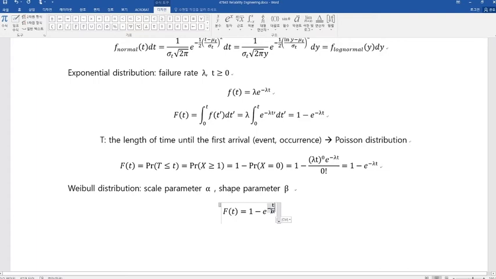Alpha is called a scale parameter because as alpha increases, it has the equivalent effect of changing the time span.